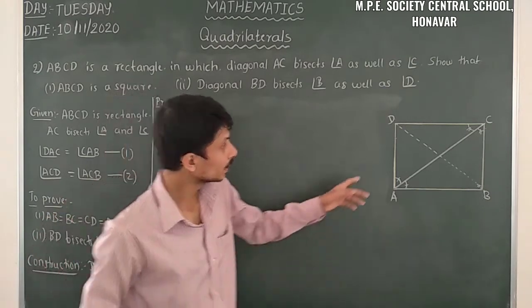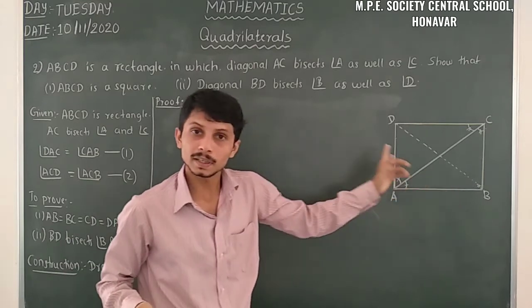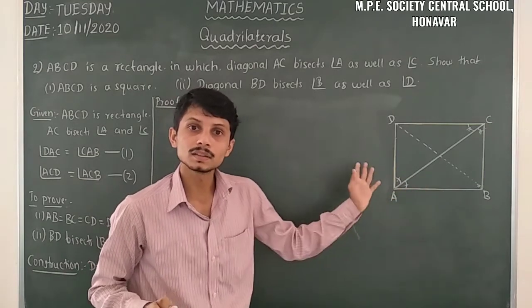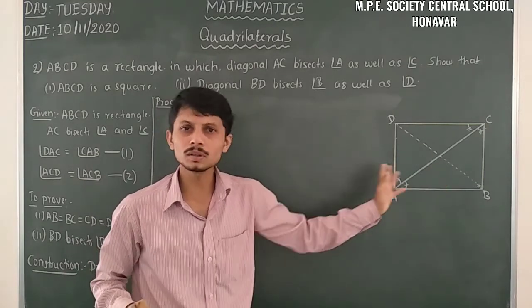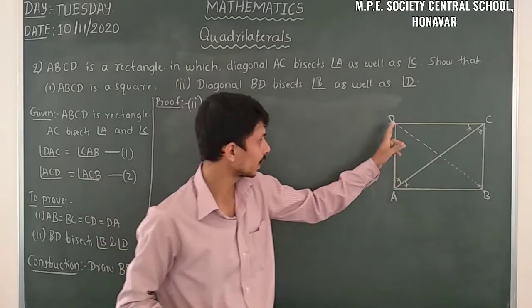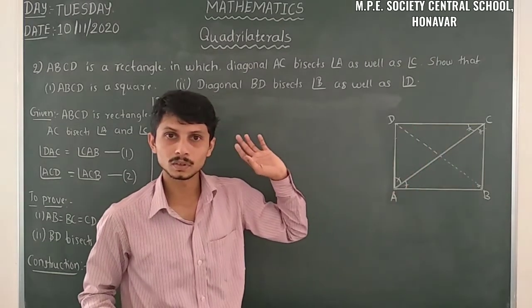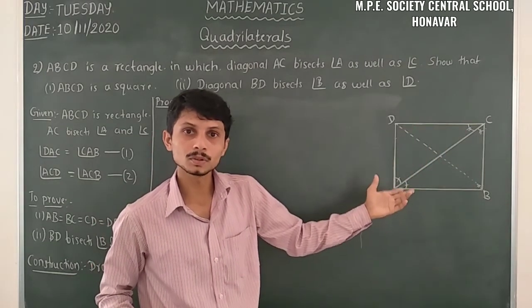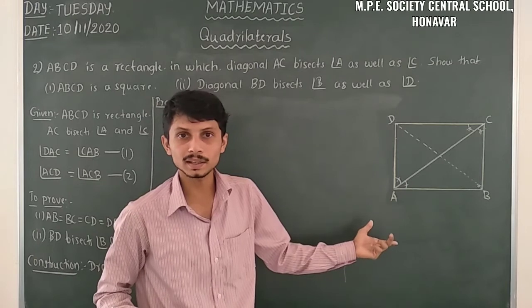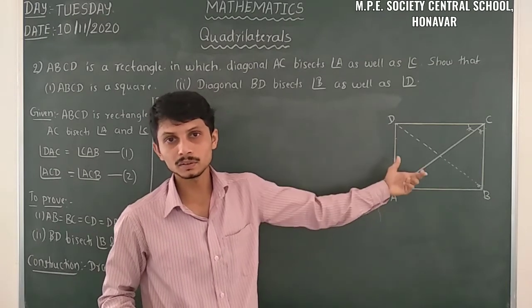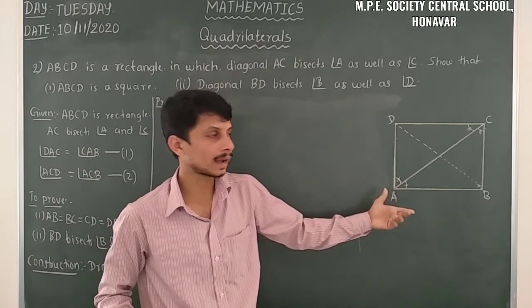Here the diagonal BD splits the whole square into two parts, that is, angle ABD and angle DBC. Whatever triangle is formed, we have to use the equal sides and take the equal angles possible.